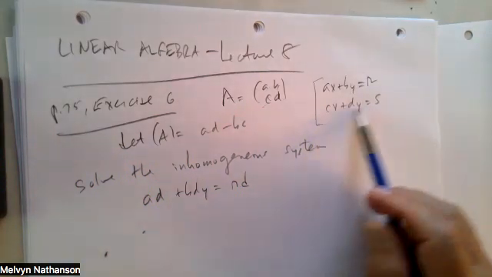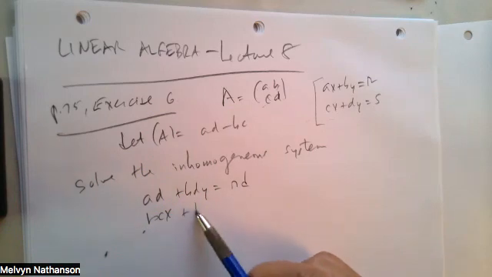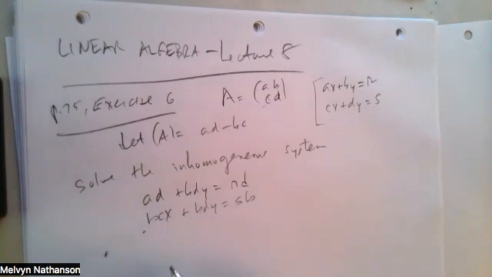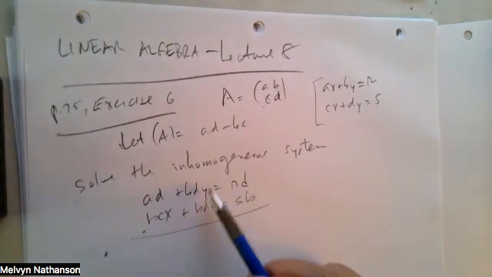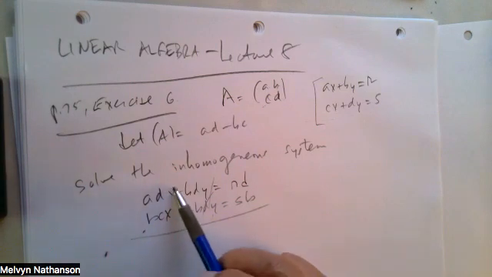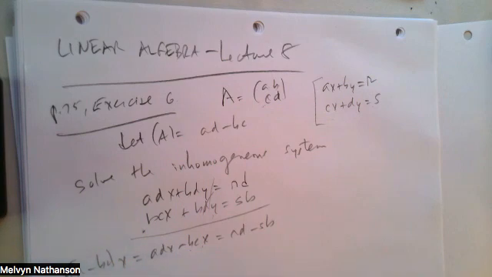I can multiply the second equation by B. I get BCX plus BDY equals SB. I can subtract. When I subtract, these terms cancel. I get ADX minus BCX equals RD minus SB. And of course, if I factor out the x, this is AD minus BC times x.